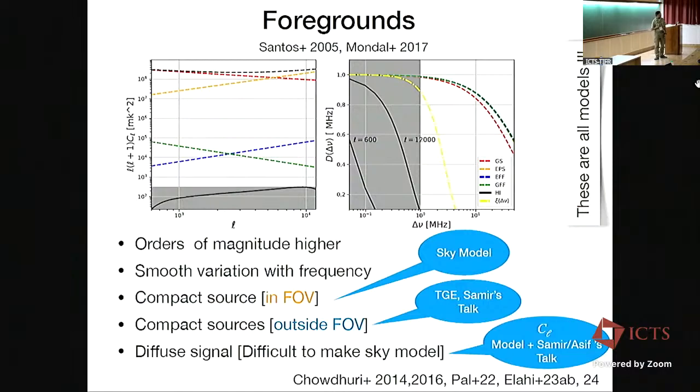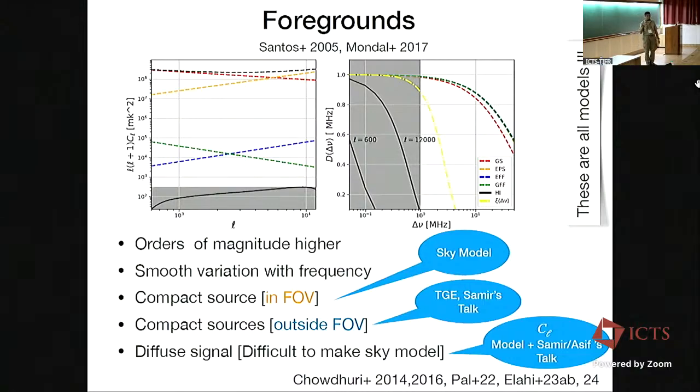Now, one part that one understood very early is of course the foreground, which we have talked about very widely since the morning, and it is orders of magnitude larger. But the good thing is that it has a different frequency decorrelation as compared to the HI signal. So one tries to use that. And then you look at different types of foreground, and over the years, one has figured out how to take care of different types. If you have a compact source inside the field of view, you can actually image it and subtract it out.